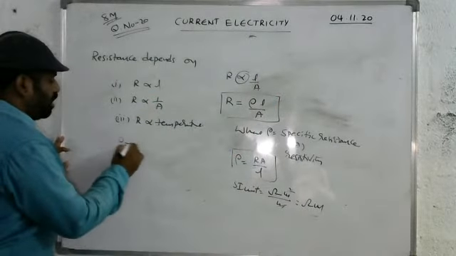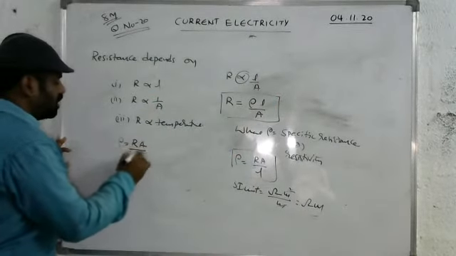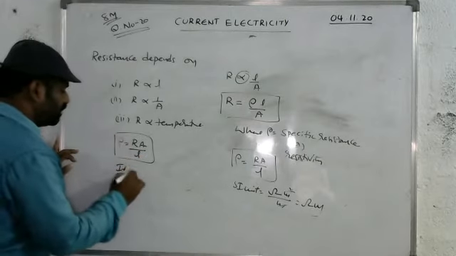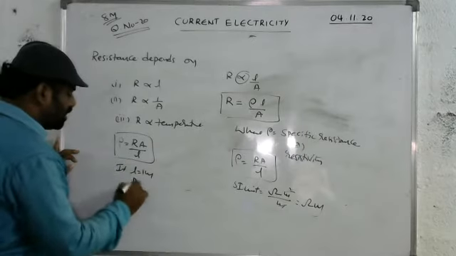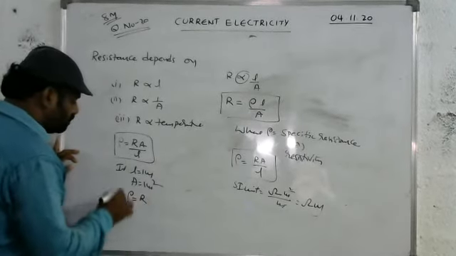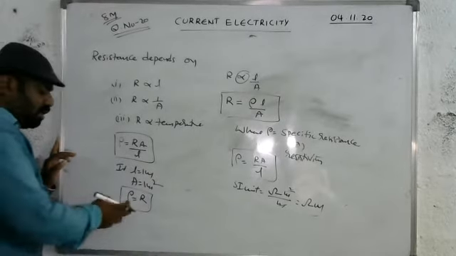Next, we define the specific resistance. We have the formula rho is equal to RA by L. Suppose length is 1 meter and area is 1 meter square, then by substituting these values, R is equal to rho.